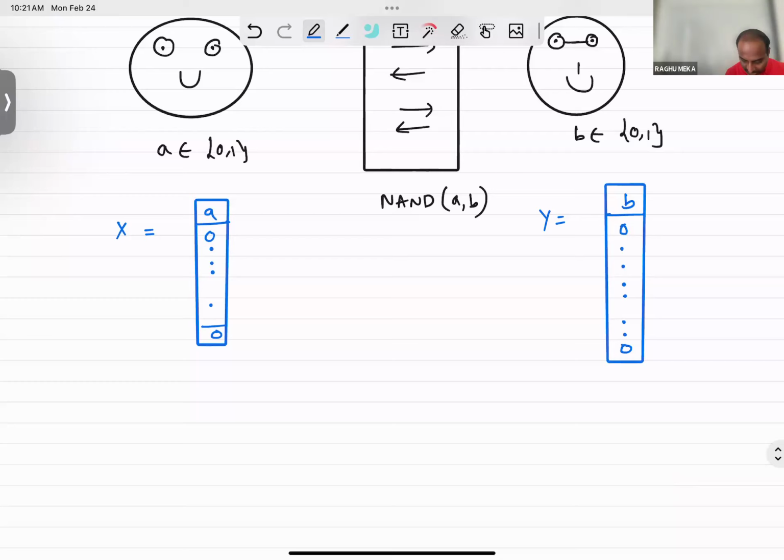So now clearly disjointness of x comma y equals NAND of AB. Right? Because in every other bit, NAND of 0 comma 0 is 1. So when I take the AND, only the first bit is determining the output. So if I run the disjointness protocol on these large inputs x and y, I get the single bit answer.